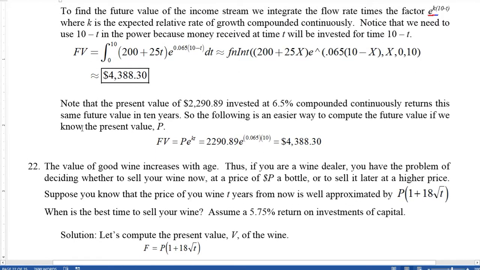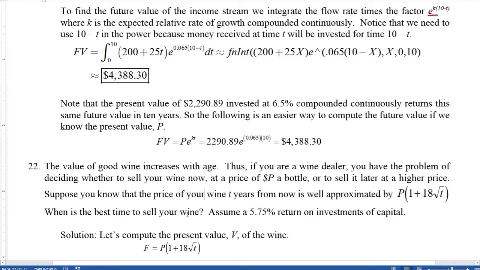All right, the value of good wine increases with age. So if you're a wine dealer, you have the problem of deciding whether to sell your wine right now, get that money now, at P dollars a bottle, or to sell it later at a higher price. Now, suppose you know the price of your wine T years from now is well approximated by this formula, P times parentheses 1 plus 18 times the square root of T. That's an increasing function, and so that's going to give you the value in the future.